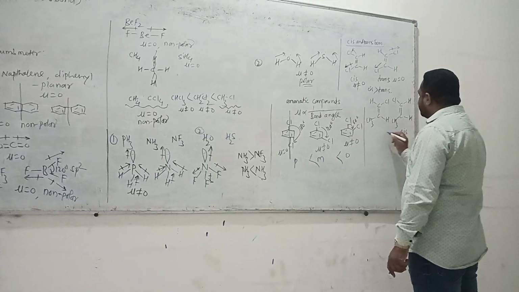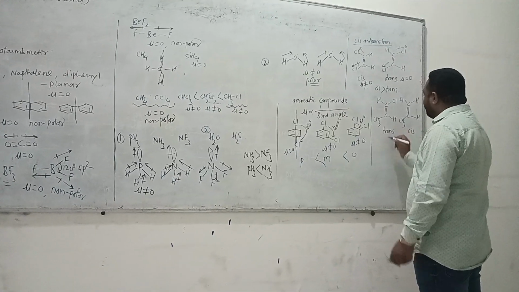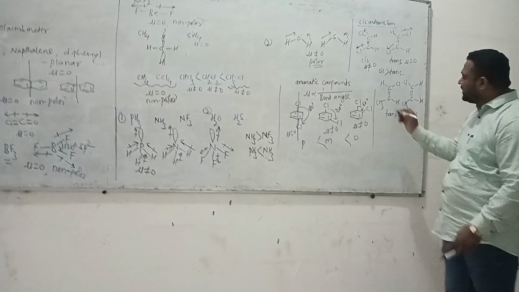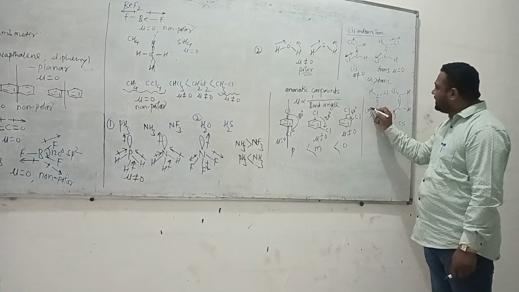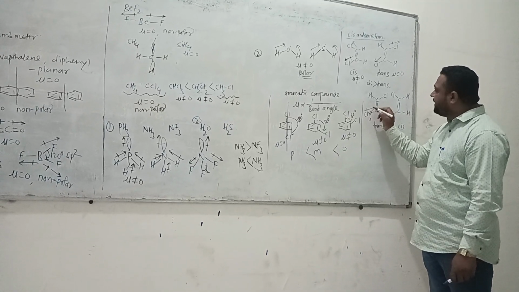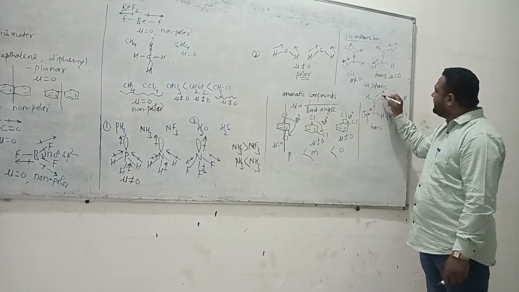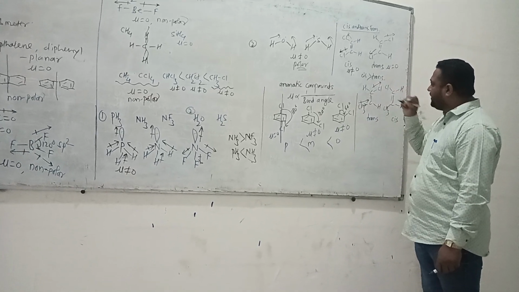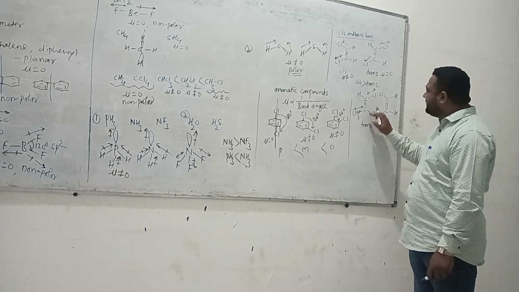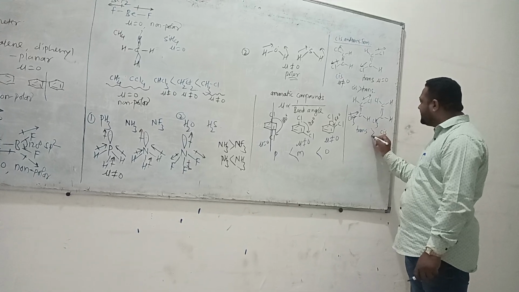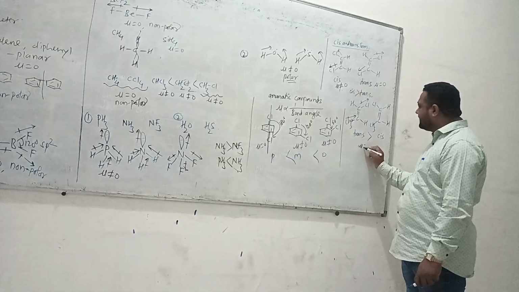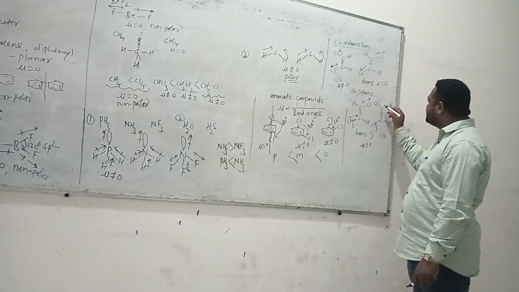These are the cis isomer, these are the trans isomer. If two groups have different inductive effects: methyl group has a positive inductive effect, and chlorine has a negative inductive effect. Two groups having different inductive effects, in which the trans isomer has greater dipole moment than the cis isomer.